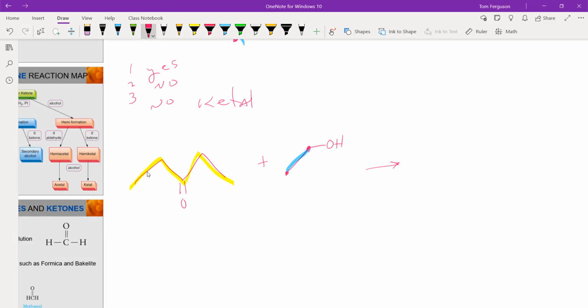So this is ethanol. That alcohol is going to attach to the anomeric carbon. That carbon is attached to the double bonded O.